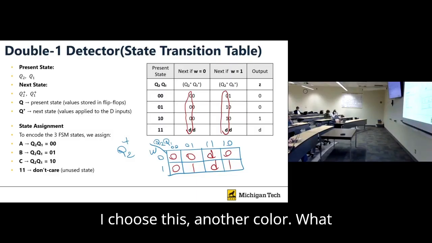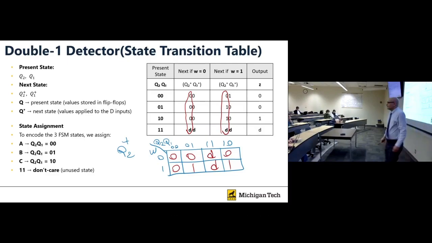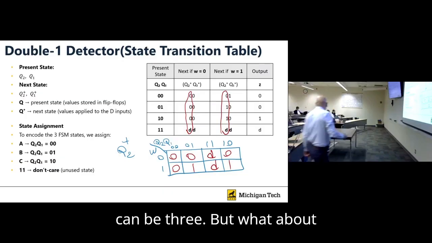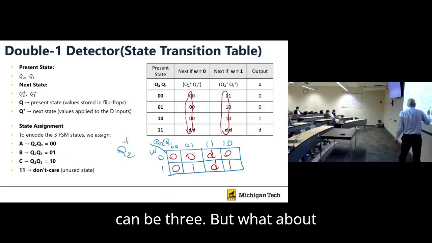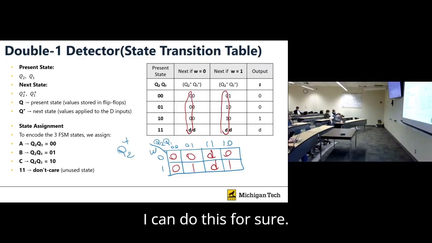I choose this, another color. What about I group these three together? Can I? No. Why? Because it needs to be a power of 2. It can't be 3. But what about this don't care? Yes, that's the one. I can do this for sure.